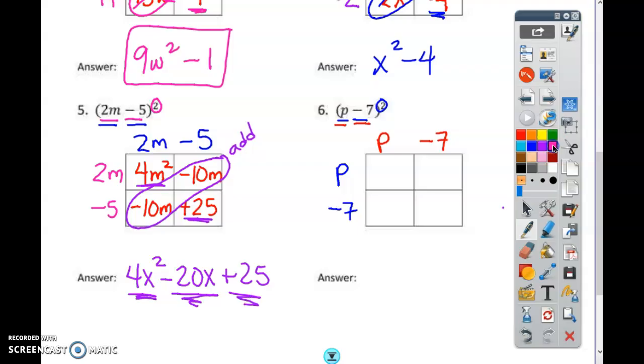The last one, p times p is p squared, because it's 2 of them. P times negative 7 is negative 7p. Negative 7 times p is negative 7p. And negative 7 times negative 7 is a positive 49.